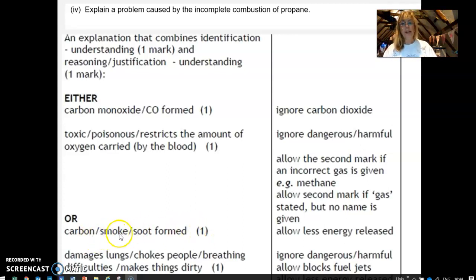So carbon, smoke or soot will give you 1 mark, and the explanation is that it damages the lungs, it causes breathing difficulties, it can choke people. It could block fuel jets, it said over there as well. They would allow, and you could even say less energy is released, because we know that less energy is released, but that is very lucky to get a mark for that answer. So, couple of combinations you could get for that question.